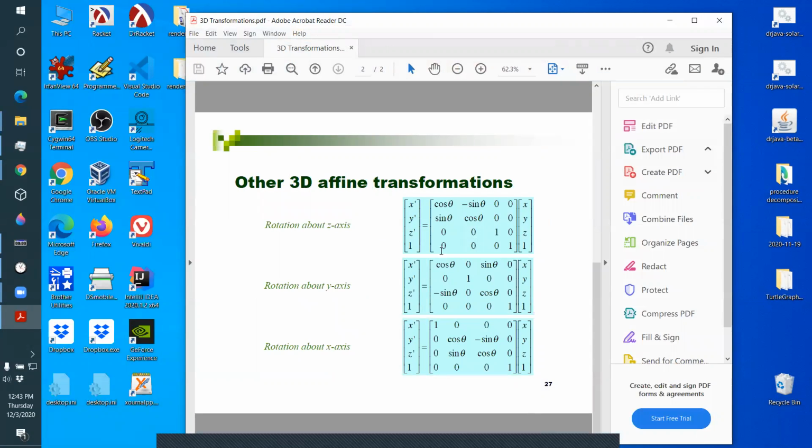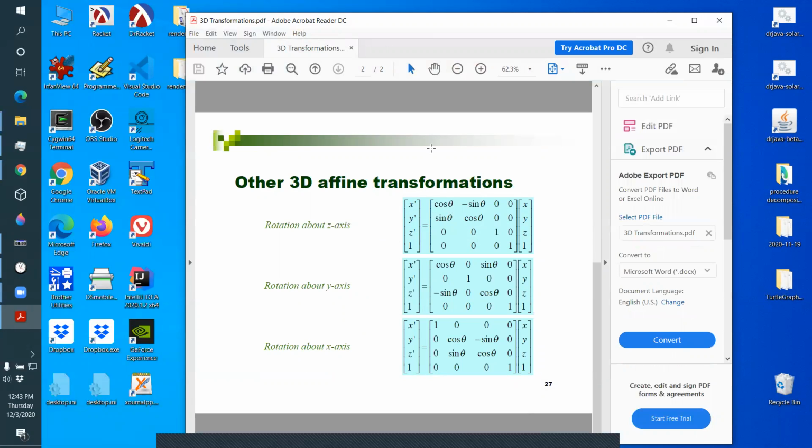okay, 3D rotation. If you rotate around the z-axis, remember the z-axis, in our way of doing it, is the axis coming towards us. So if you're rotating around the z-axis, you're rotating the plane of the computer screen, and that's the xy plane.